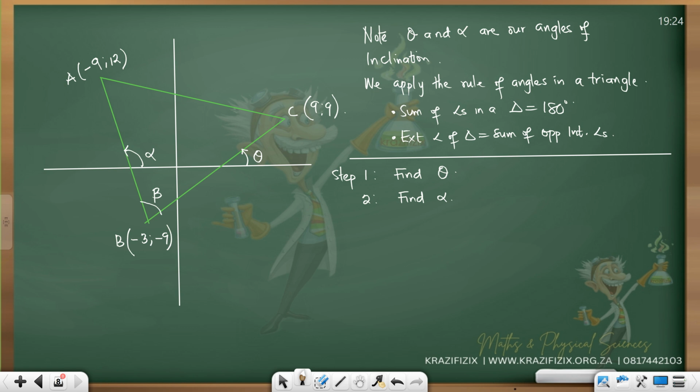What's your gradient for BC? What did you get as the gradient of BC? Yes, Tariq, we have to use that.